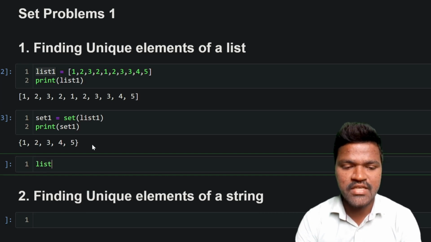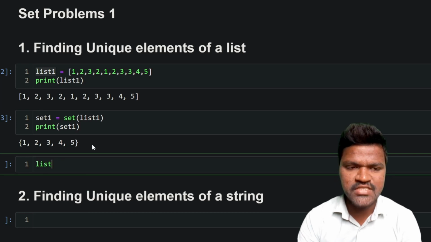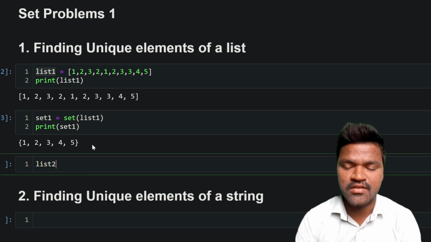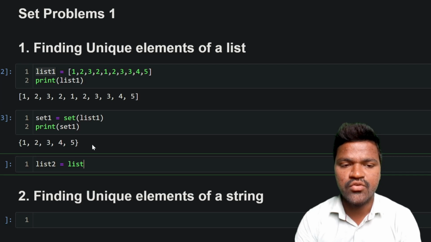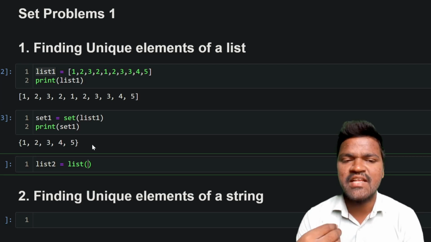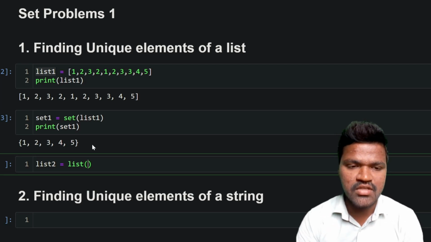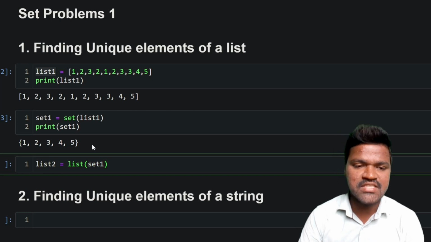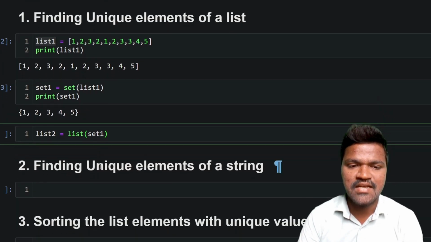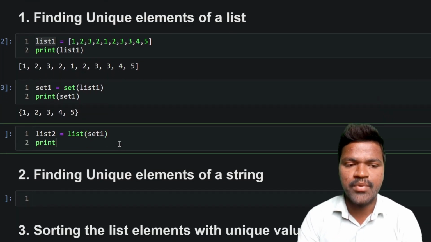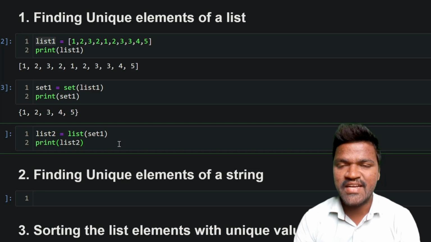Now I am taking the same set1 here. For the list, I will take list2. For list2, we need to typecast this set to a list. So that is what I am doing now. I am passing this set1 to list, and after that I print list2.